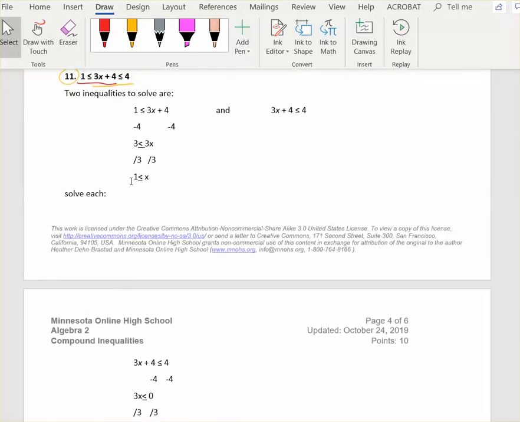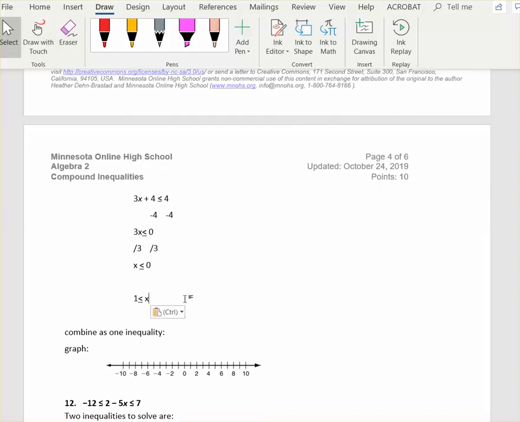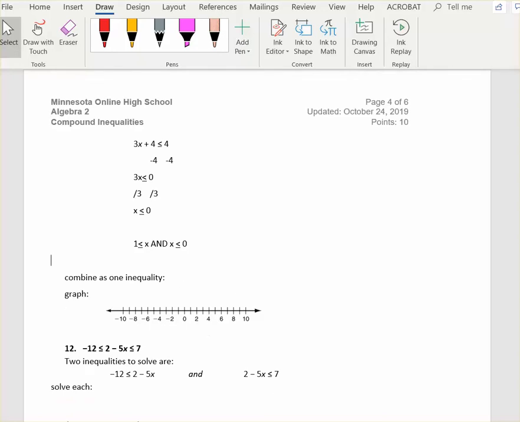I have my solution of 1 is less than or equal to x, and this is an "and" problem, and this part right here. All right, so we need to write this as a combined inequality. That's our next step. Take the lower one. So what's lower, 1 or 0?